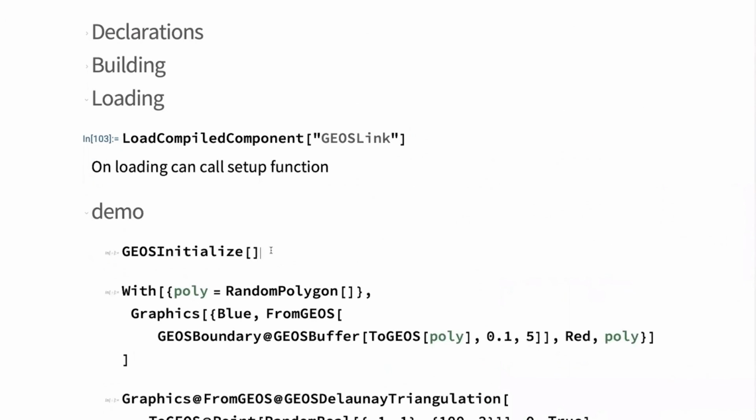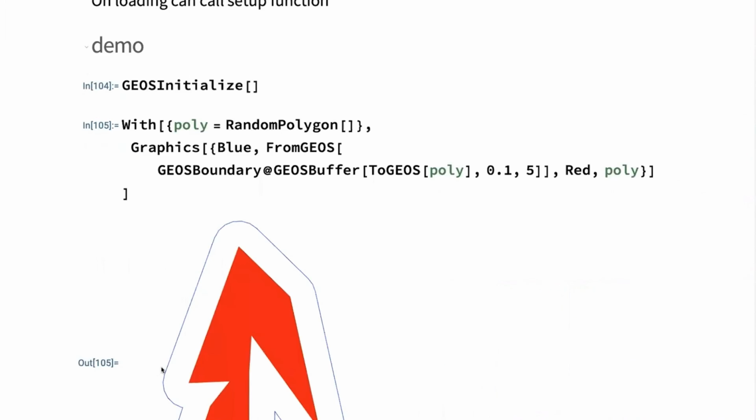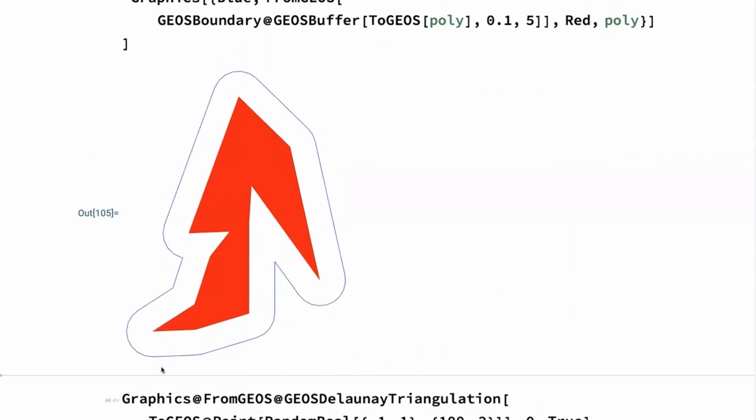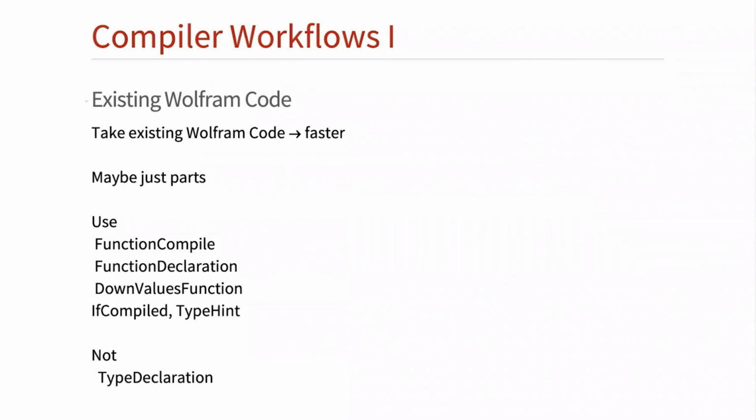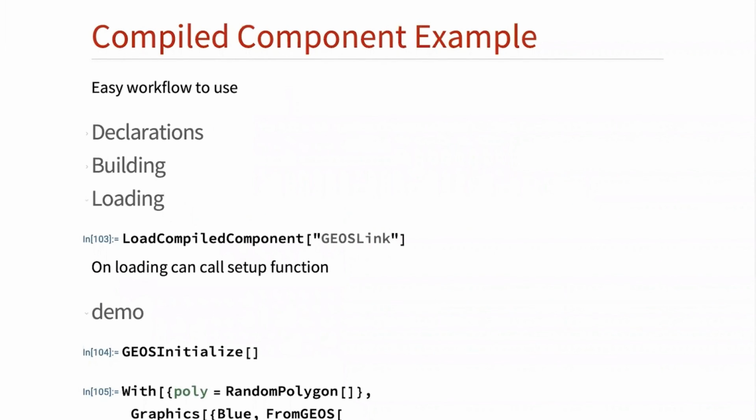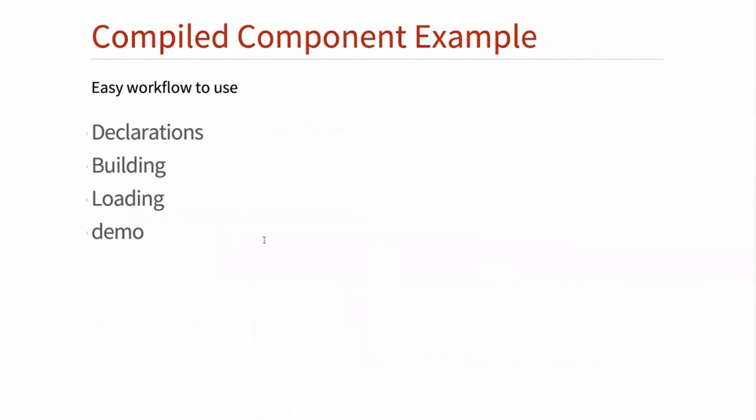We can initialize it, and then it's created all these symbol definitions, but these are definitions coming from this geospatial computation library. It's created symbols, and they point directly to the implementation in the component. So that's my piece on the components.